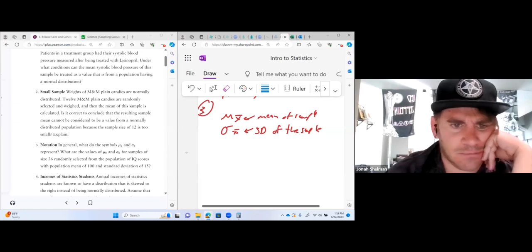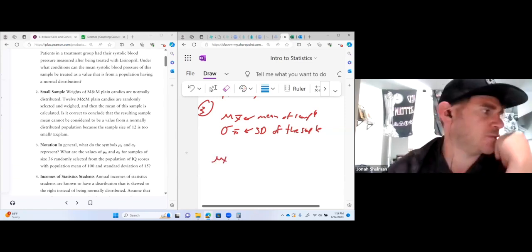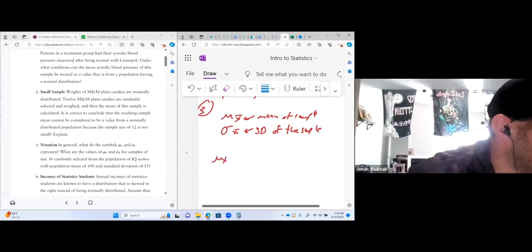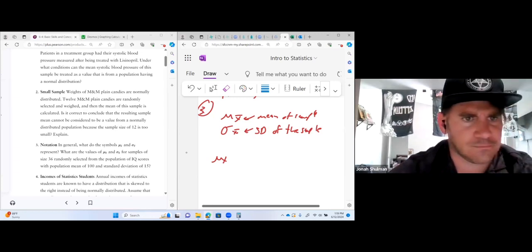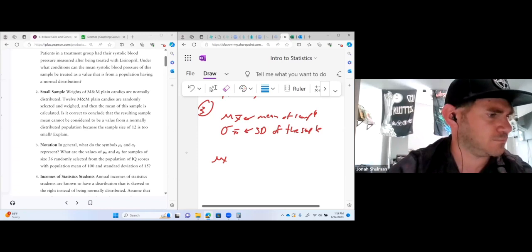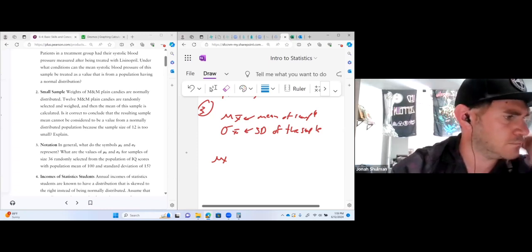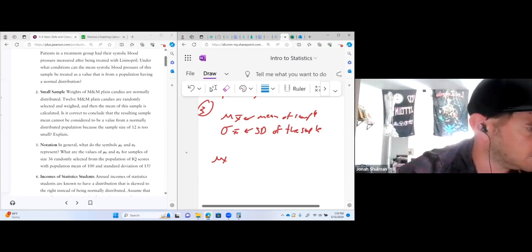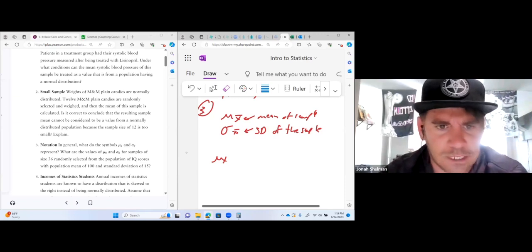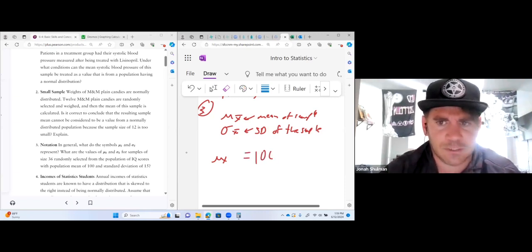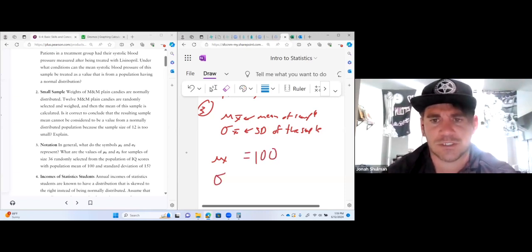So the mean's the same for this one. 3 for number 3 is going to be the same, so it's not going to change. It's still going to be 100. Now, the only one that's going to change is the standard deviation.